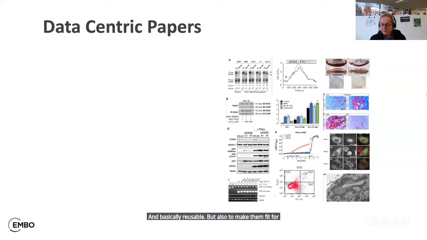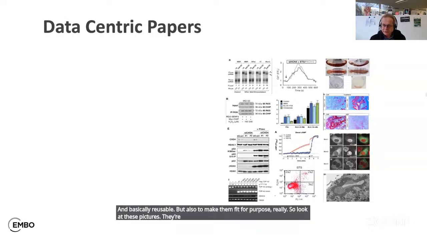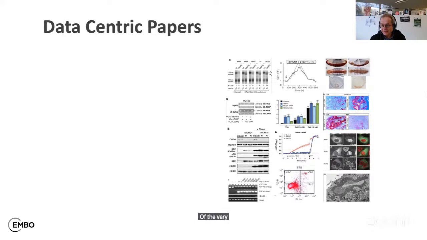So look at these pictures. They're really pretty pictures that support the textual conclusions in the paper: one embryo, one tissue section, one cell. And they're all, of course, highly selected and meant to be emblematic of the very complex data that we have in the lab. But ultimately, they're merely illustrations.